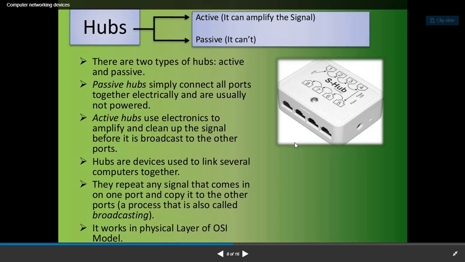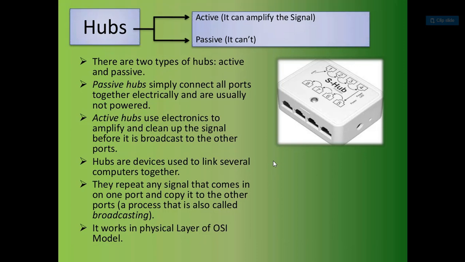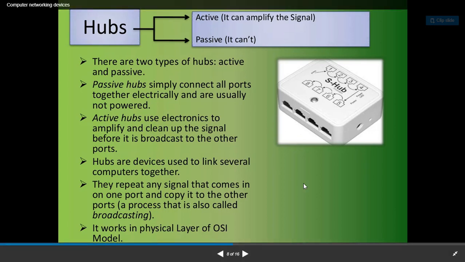So, for example, if A wants to send information to B, but there are several other computers, then all the connected computers will receive the signal, but only B will process the signal or respond to it, right? So it has limited utility because of the sharing of bandwidth.